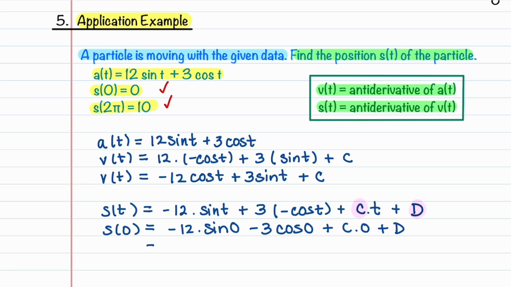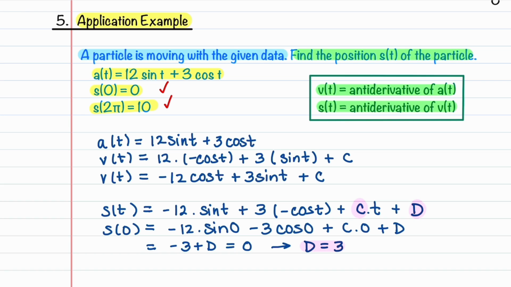Now let's see what this is equal to. Sine of 0 is 0. Cosine 0 is 1. So this is just minus 3 plus d. And that is equal to 0, what we were given originally. So this tells us that d is equal to 3. And let's highlight that so we won't forget it.